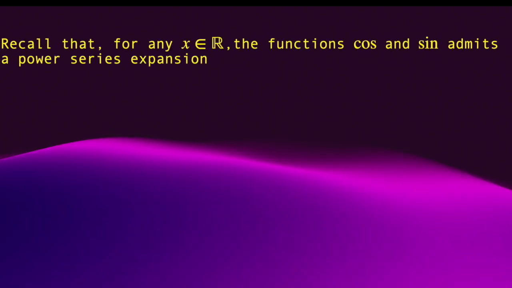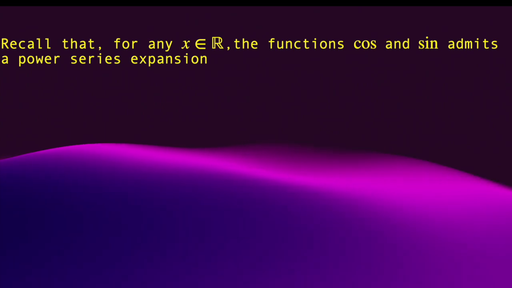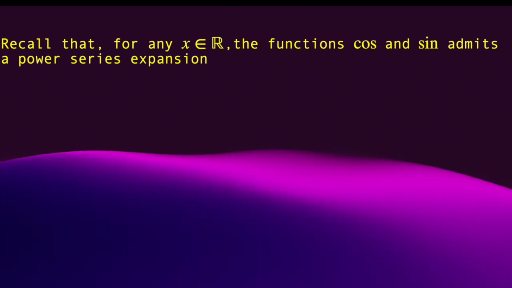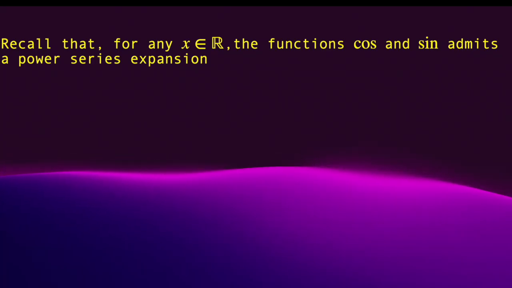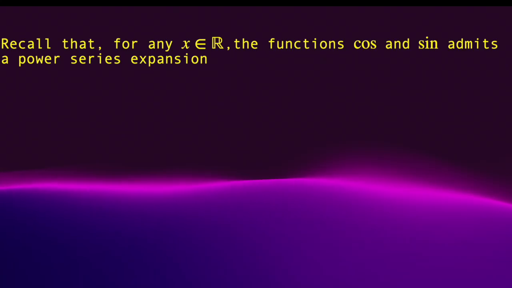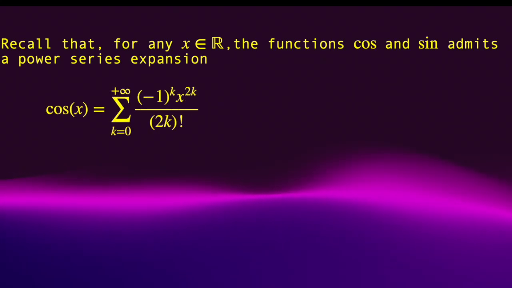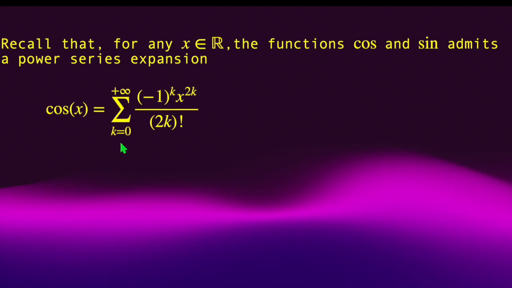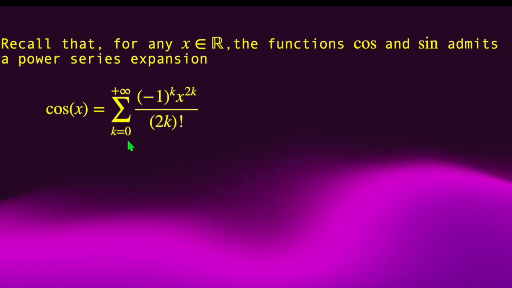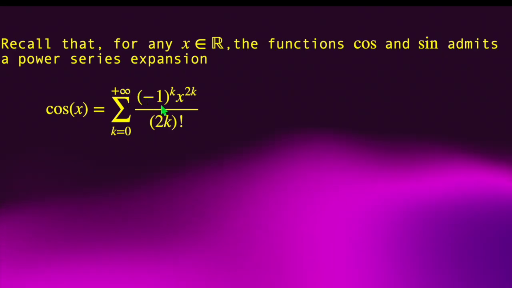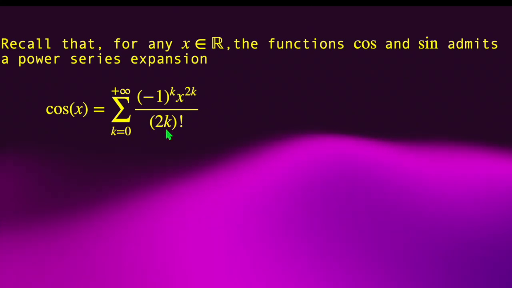First, we recall that for any x in R, the cosine and sine of x have a power series expansion, namely cosine x is equal to this infinite series, the sum from 0 to infinity of minus 1 power k x power 2k over the factorial of 2k.